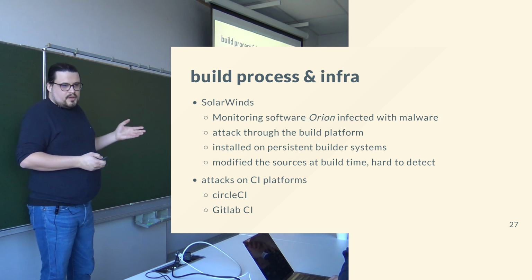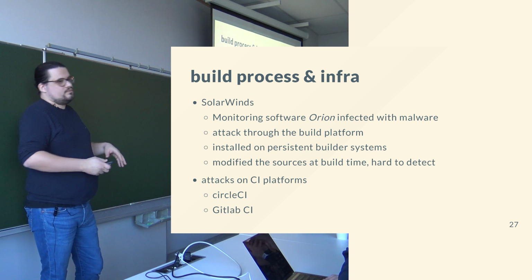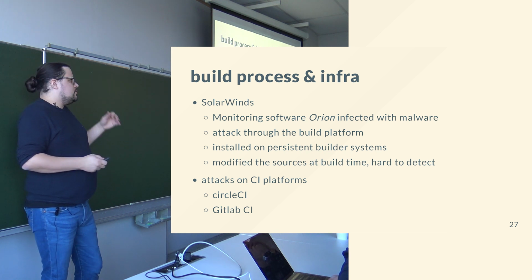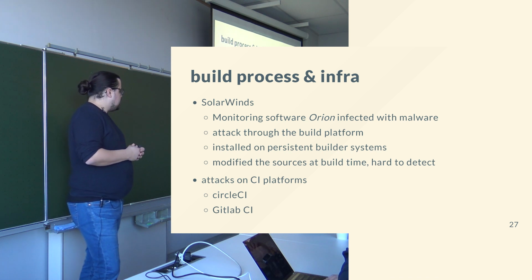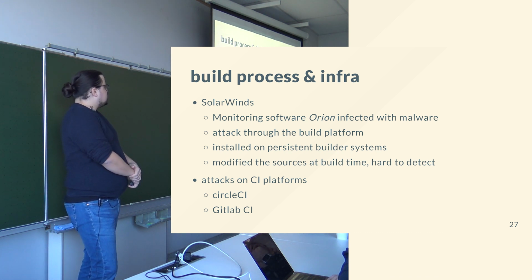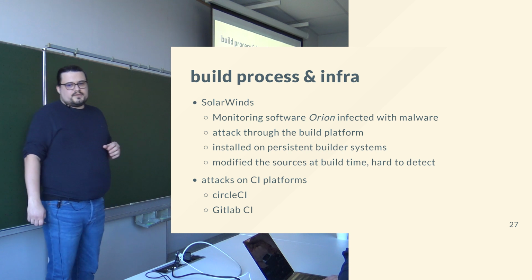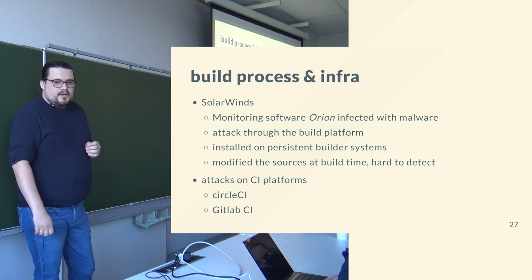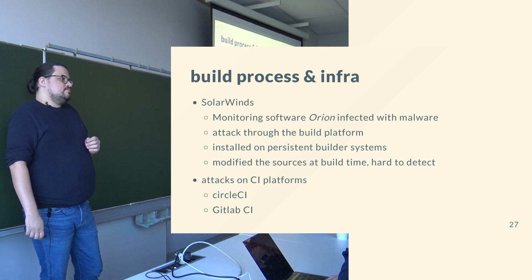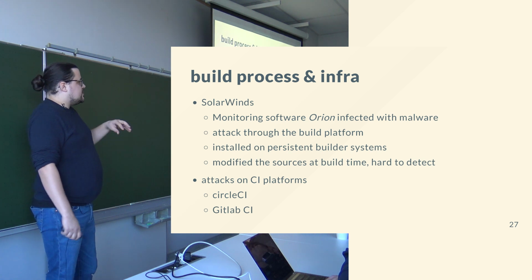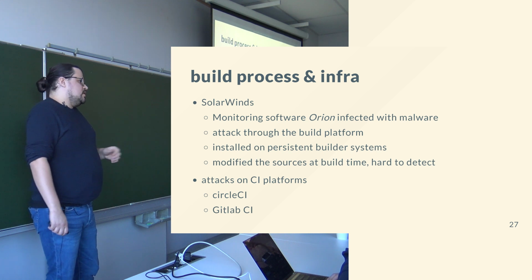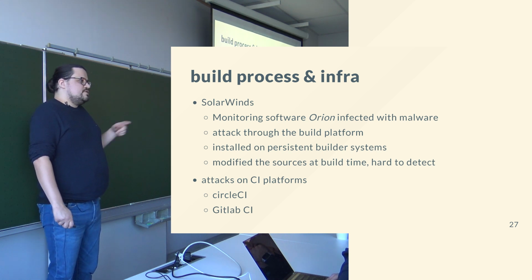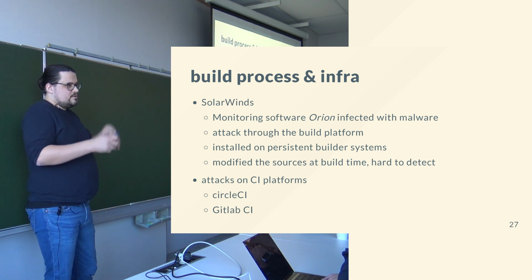And it's actually a really important step, and one that has really growing attention now. For example, the SolarWinds attack, which was well known, but the details are not as known as the effects. Actually, the SolarWinds compromise was done on the CI platform, with attackers that gained access to a persistent build machine, and they had a script running every second, checking if there was a build ongoing.